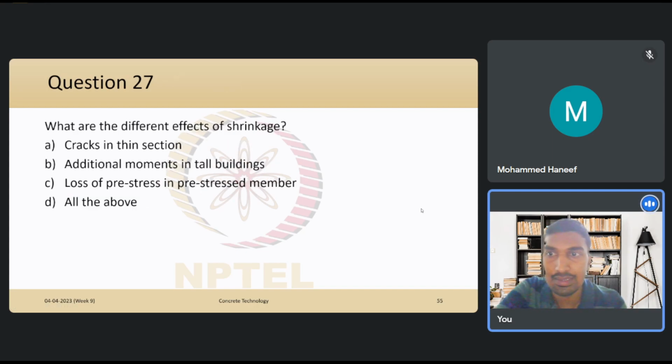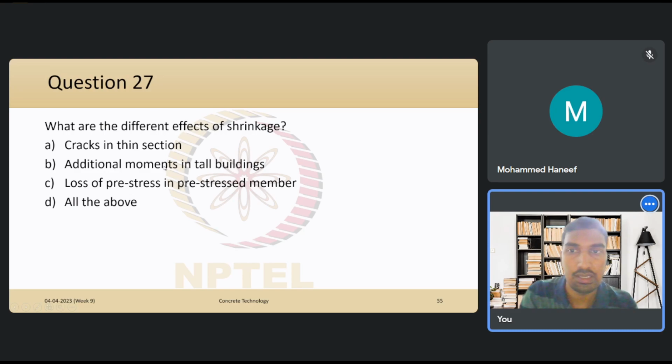All these options A, B, and C are actually consequences of shrinkage. Because of shrinkage, we see cracks in thin sections. Because of the reduction in the volume, you will see that cracks appear, and this is true in thin sections. Option B is additional moments in tall buildings. That is also true because of the shrinkage.